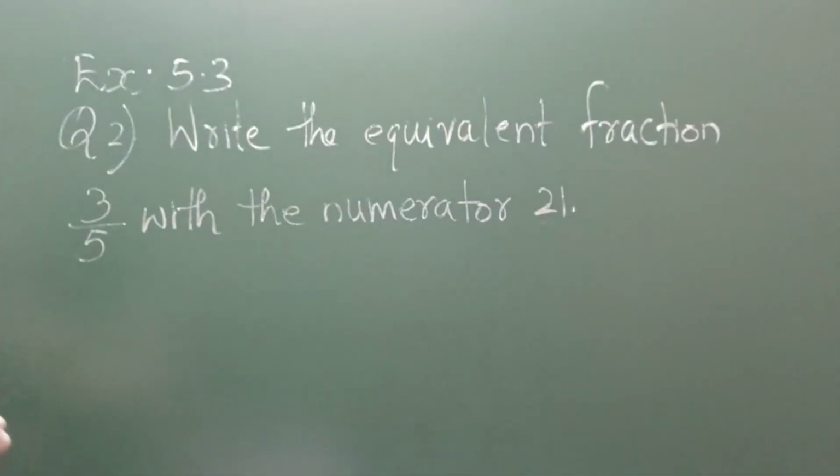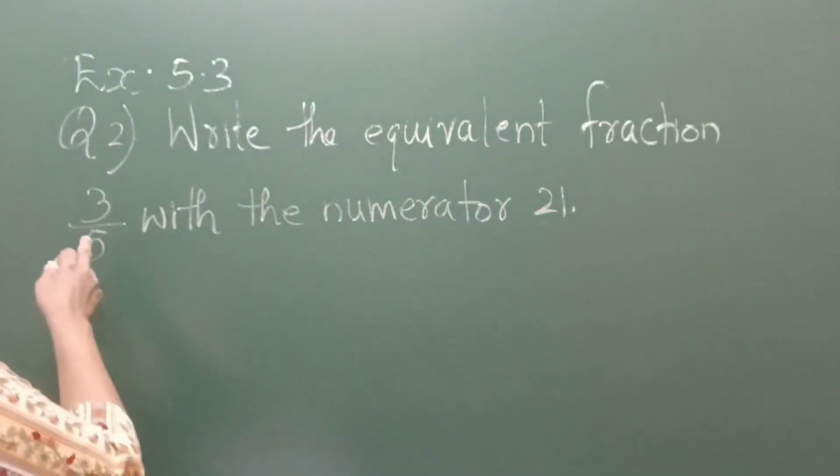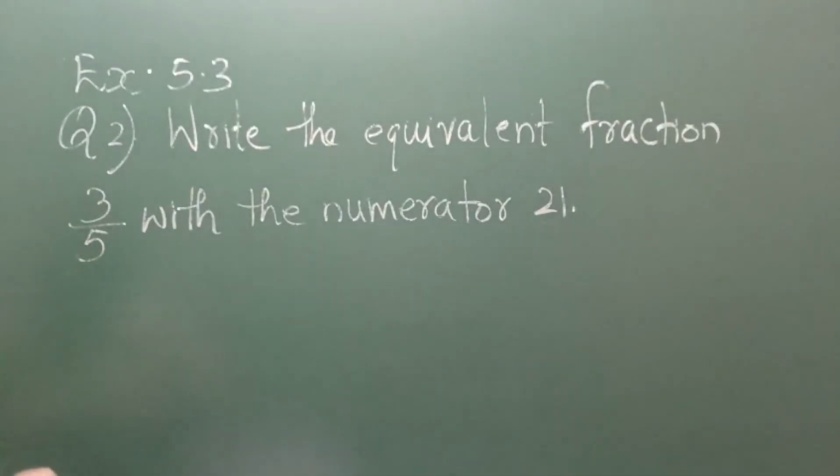That means the numerator 21 is already given. We have to find out only the denominator. But how? We have to find that by dividing this 21 by the given fraction's numerator.